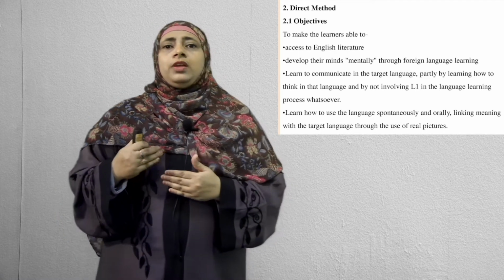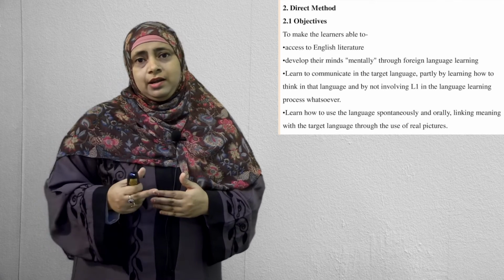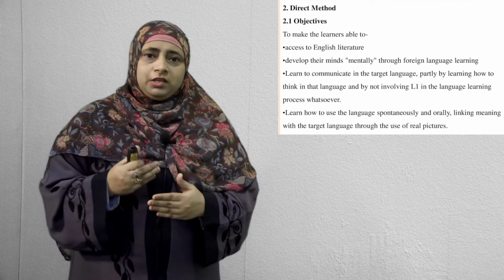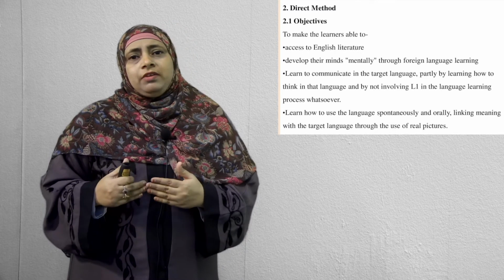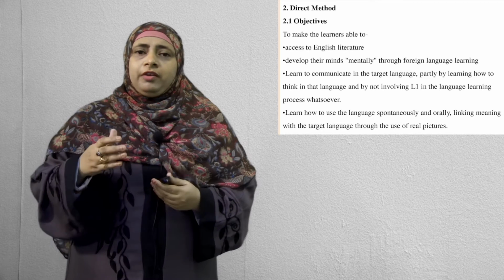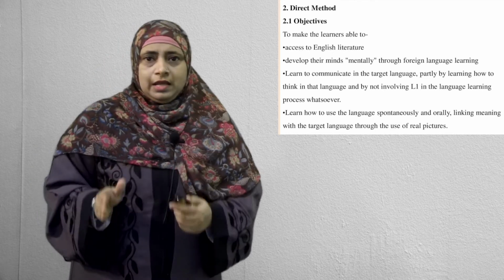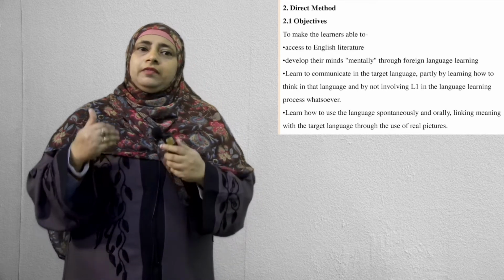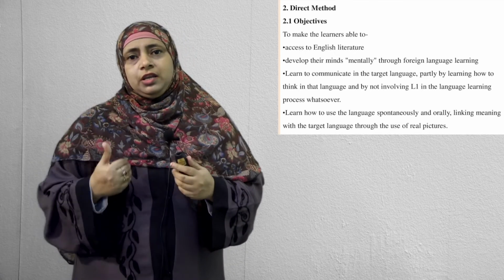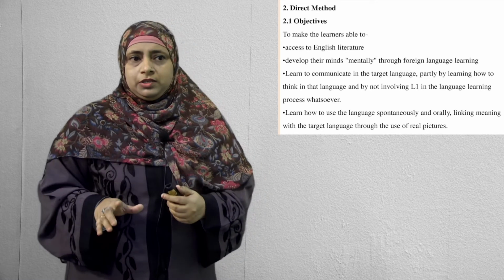This direct method will give learners access to English literature in the target language without the use of the mother tongue. It will also develop the learners' minds to think in the target language itself and express it in the target language. Apart from this, it will help the learners to communicate in the English language, that is the target language, without any usage of the mother tongue.